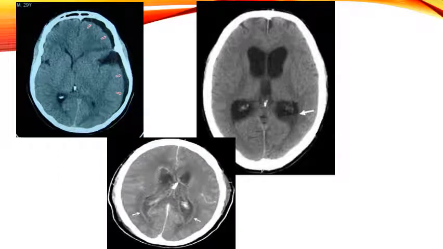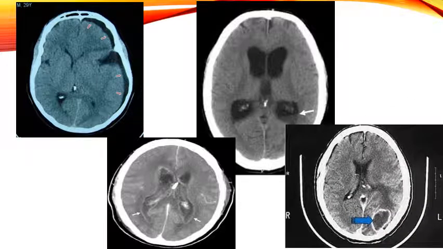This is one scan which is showing ventriculitis, the lining of ventricles. You can see the whiter margins. This is again suggesting ventriculitis. Here the arrow shows brain abscess. These are some common findings which can be appreciated on CT scan in a patient with bacterial meningitis.